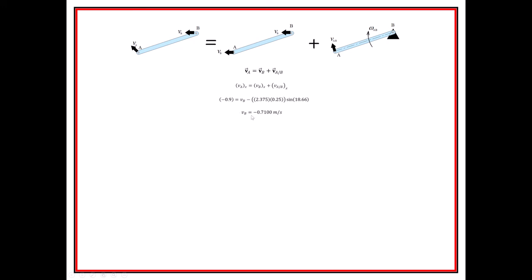So we're able to find this, and we find that VB is actually in the negative direction. I didn't give it a negative sign right there, so that's why I have a negative here. And technically, I probably should have written this with a negative right there, because I drew it up here as negative, so it's better to be consistent that way.